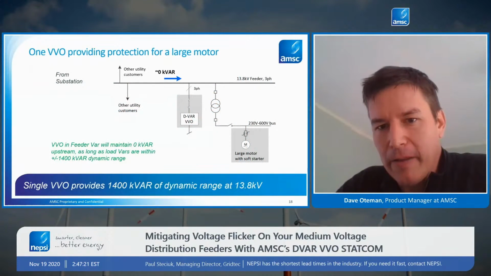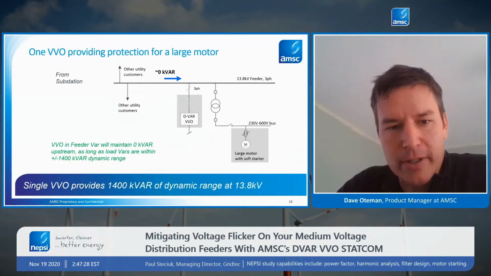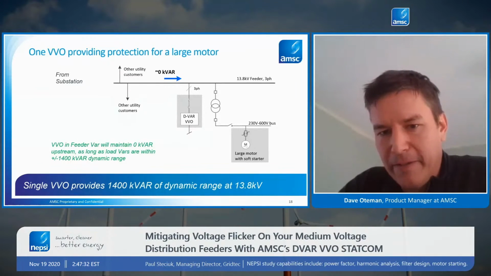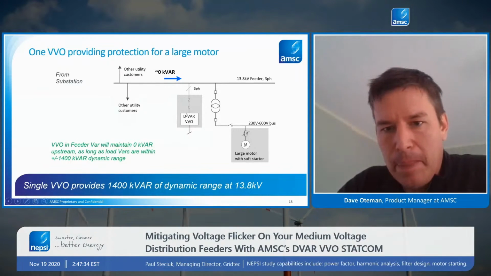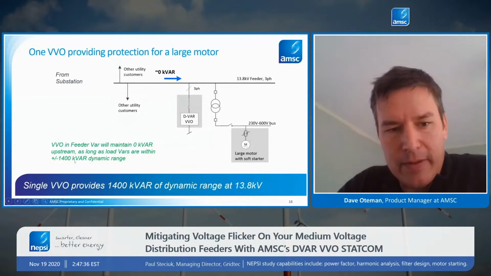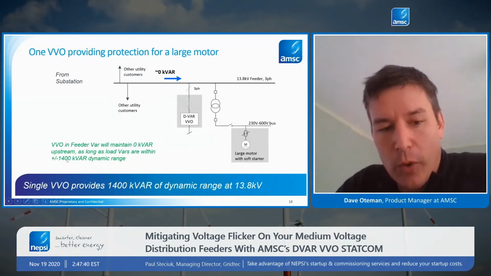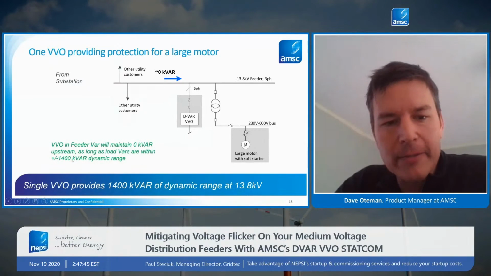So I'll run through some examples here to clarify how the product can scale up in size as we go to larger motors. Here's an example on a 13.8 kV feeder. The maximum amount of VAR output with overload with one DVAR VVO system is 1400 kVAR.